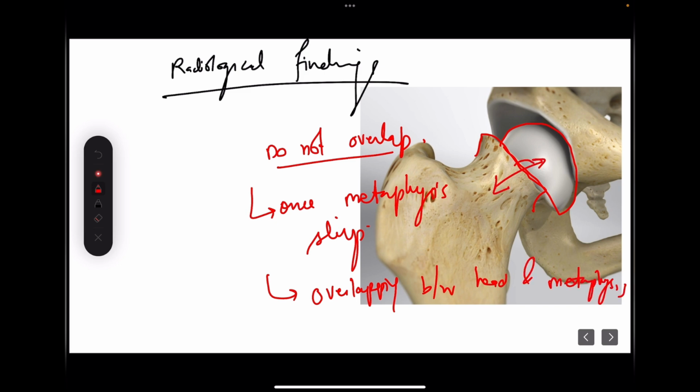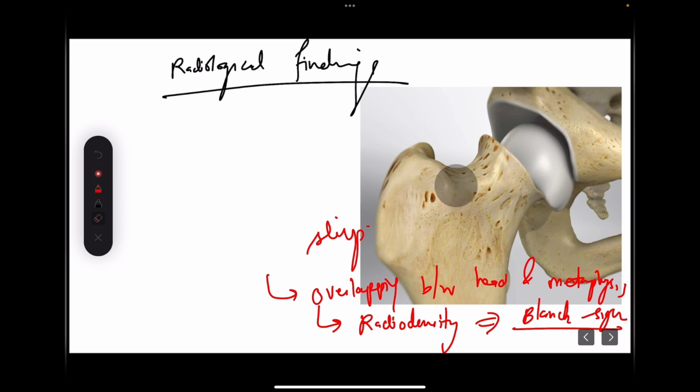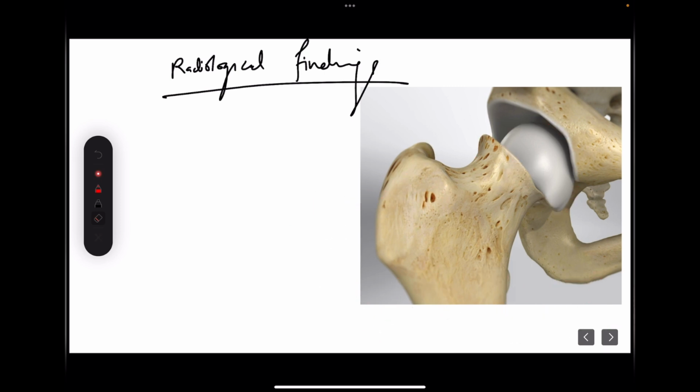They can superimpose over each other, and over the superimposed part, you can have radiodensity. This is known as Steel's blanch sign. Okay. So radiological findings I have explained to you. Now we will be discussing most of these facts in detail in further slides.